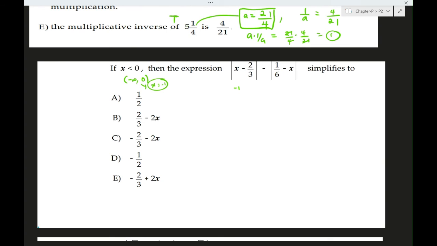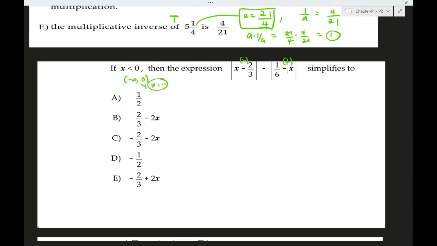If you put minus 1 inside this first absolute value, you'll have minus 1 minus 2 over 3. So it's a negative number for sure, right? But here, if you put minus 1, you're going to have 1 over 6 minus minus 1, which will be 1 over 6 plus 1, which becomes a positive number.